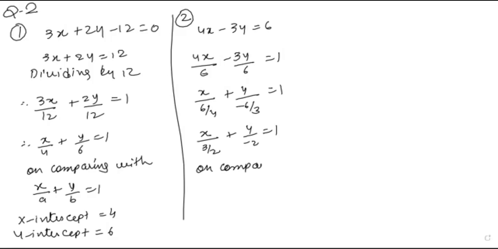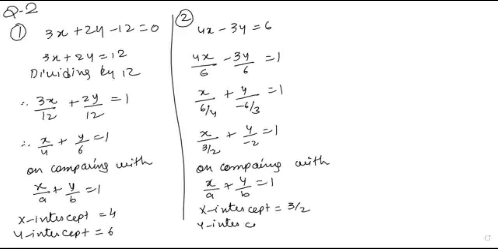So on comparing with x by a plus y by b is equal to 1, my x-intercept is 3 by 2, whereas y-intercept is minus 2. Right.